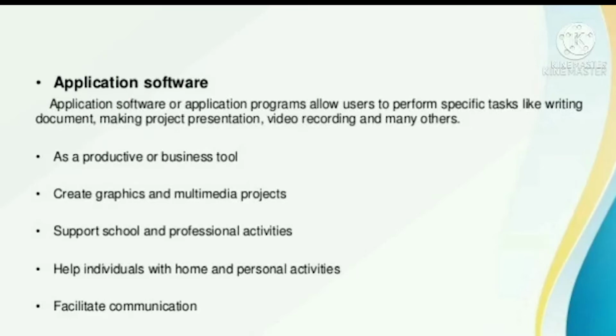Application software or application programs allow users to perform specific tasks like writing documents, making project presentations, video recording, and many others, such as a productivity or business tool, creating graphics and multimedia projects, supporting school and professional activities, helping individuals with home and personal activities, and facilitating communication.